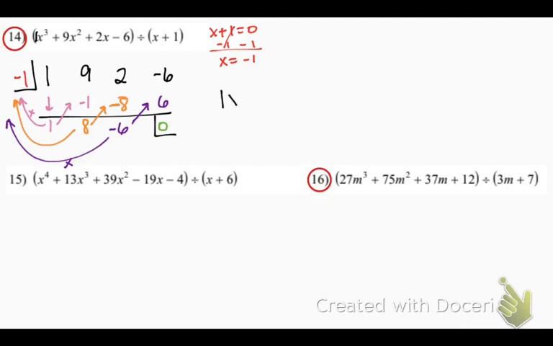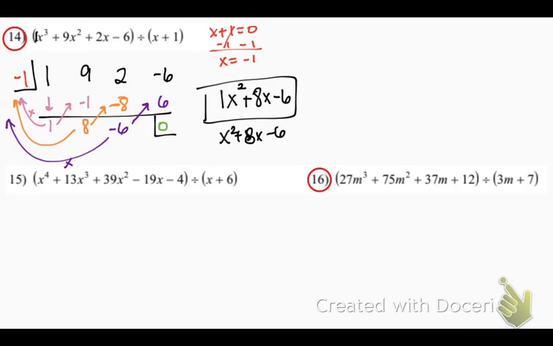So I have 1x squared plus 8x, because each exponent is 1 less, minus 6. If you had a remainder, you would say plus 2 over the original factor. But this one did not have a remainder, so we would just leave this as our final answer. Or you can write x squared plus 8x minus 6 as your final answer.